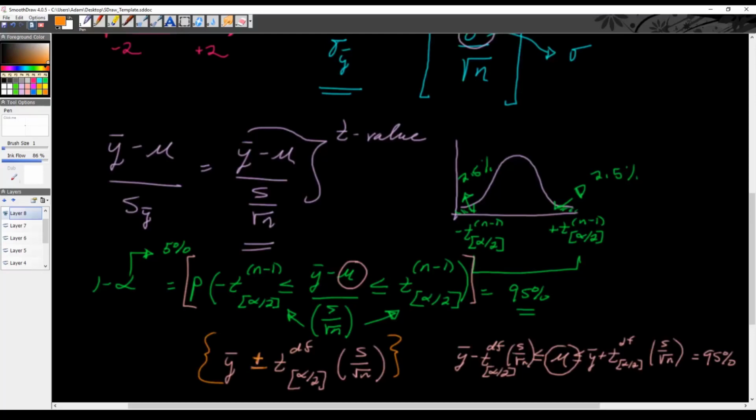The true value lies in this interval 95% of the time. So we can say something about how close our sample statistic is to the true value, given some critical t value that depends on the degrees of freedom and the level of alpha.